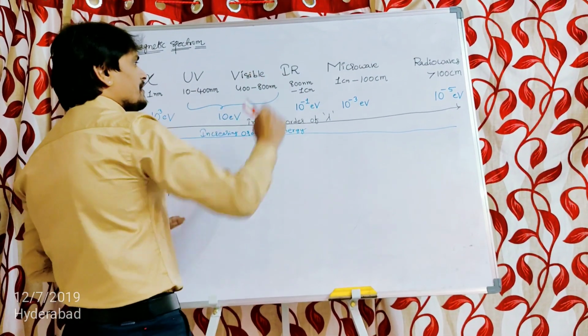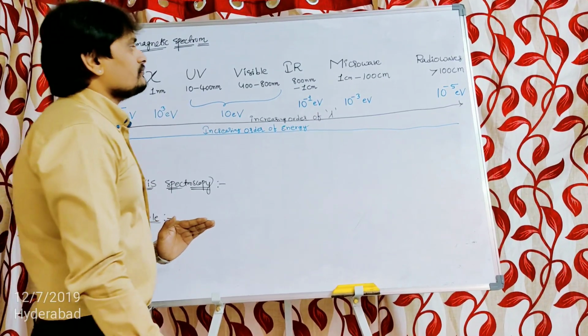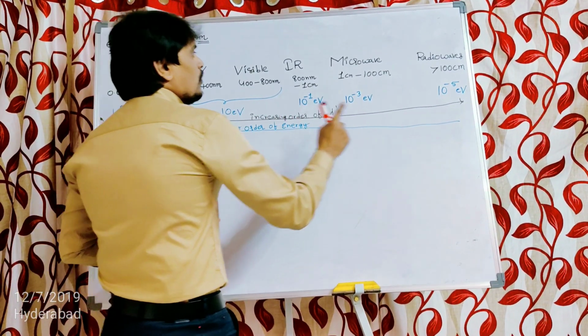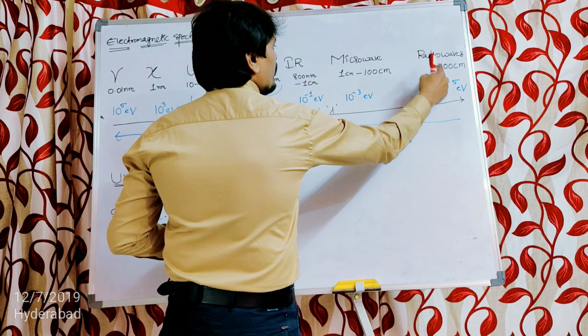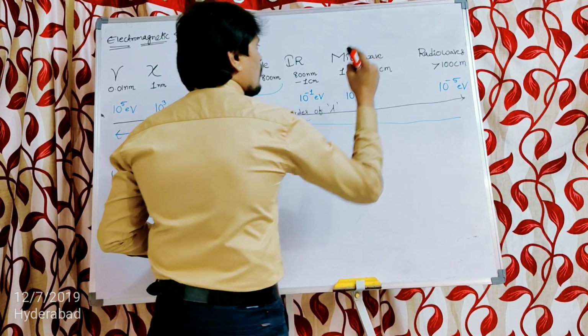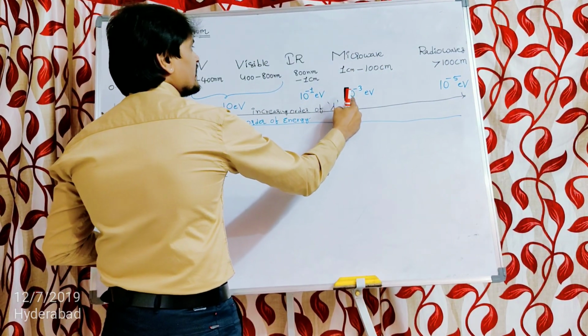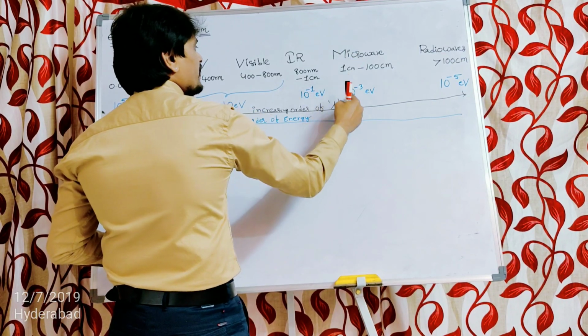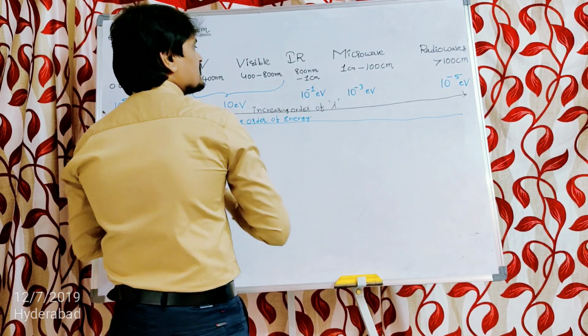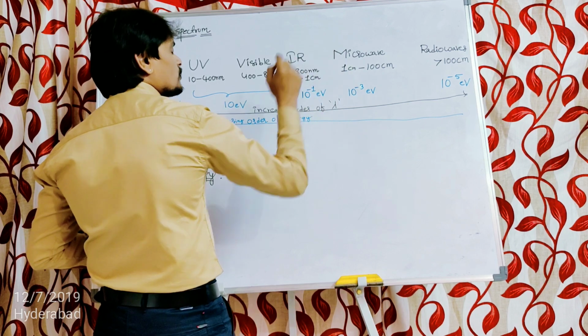About the nanometers, I already have explained. Now, the energy associated with the radio waves is 10 to the power of minus 5 electron volt. The energy associated with the microwave radiations is 10 to the power of minus 3 electron volt.